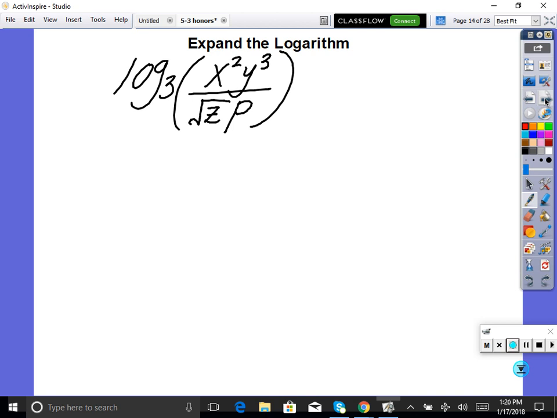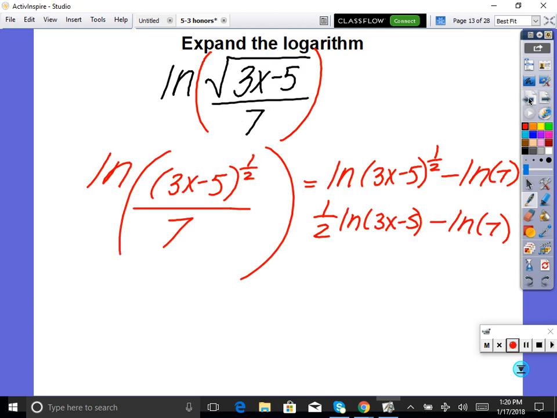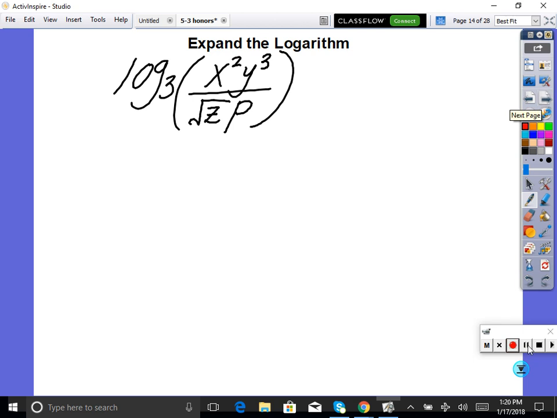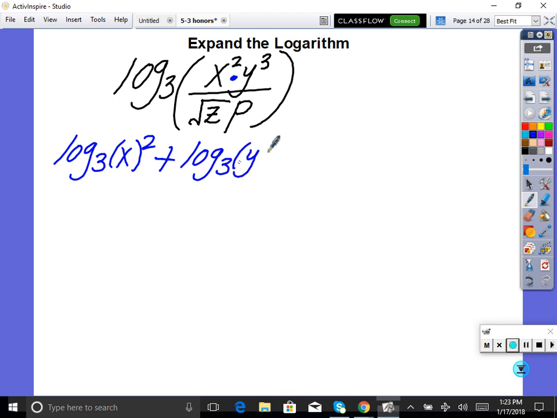Okay, do this one. Your answers. So you should be doing this. Okay, so we have log to the base 3 of x squared, because there's a times sign, added to log to the base 3 of y cubed.